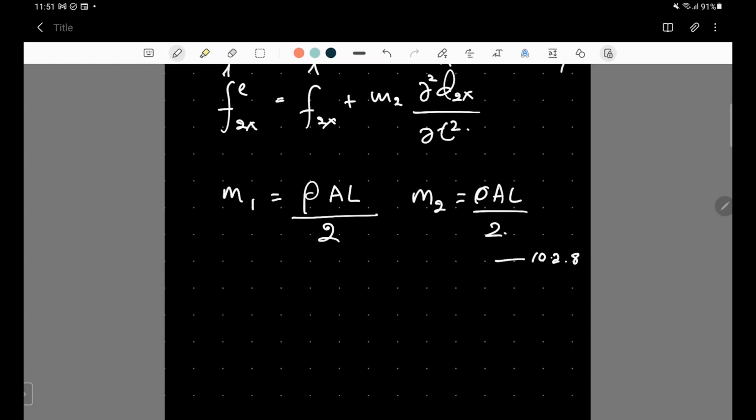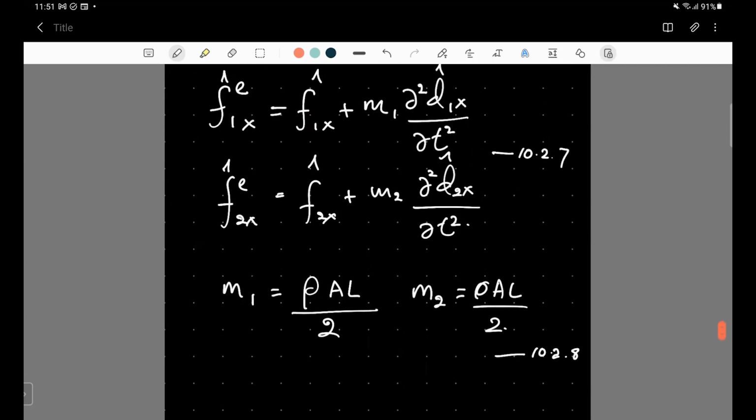So we can now replace the internal forces using the spring constant K and the displacement D from the previously defined equations.